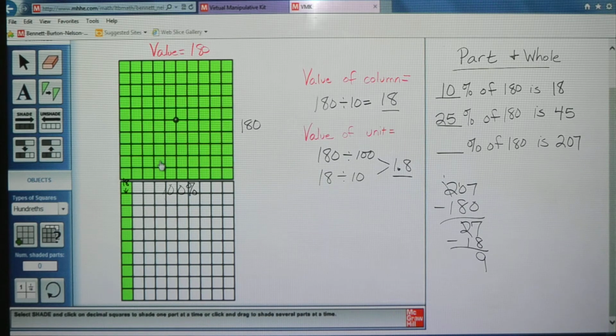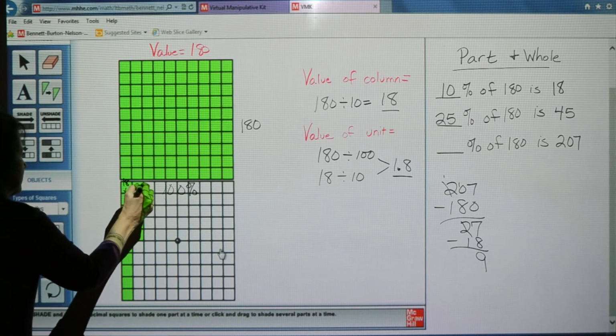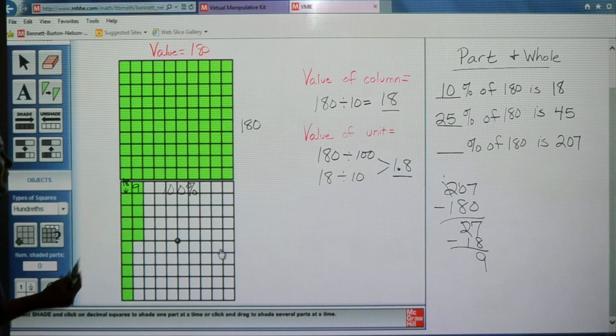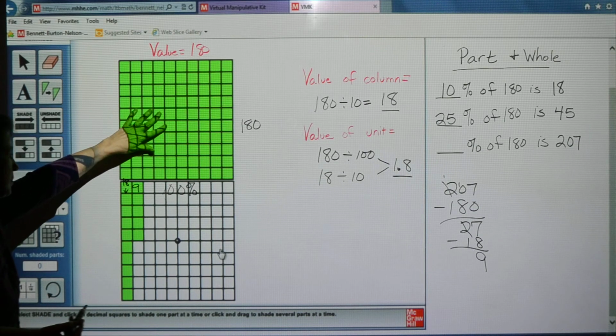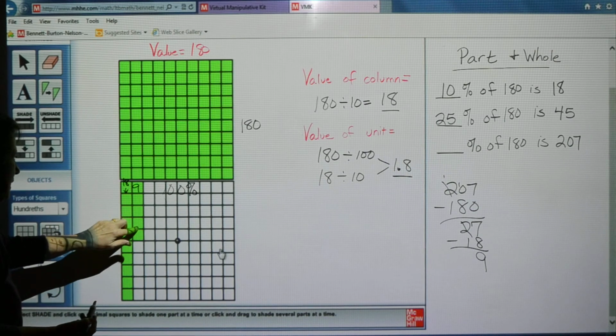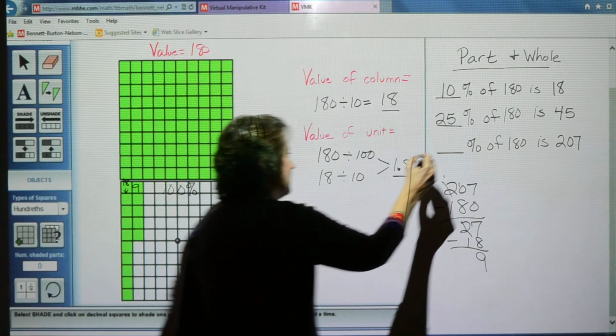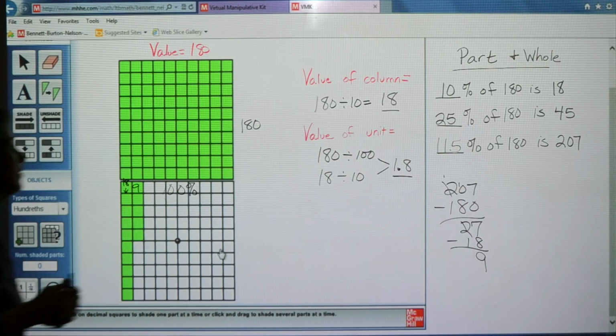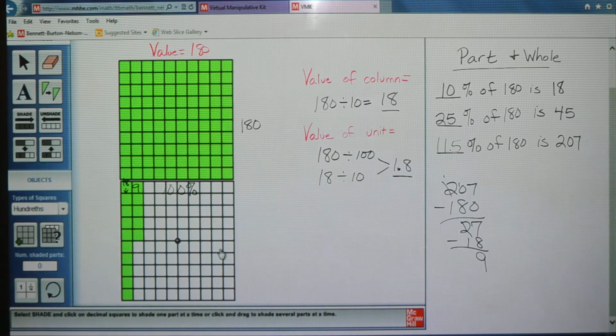Since 9 is half of 18, it's going to be half of a column. Color 5, which is worth 9. If I add it all up, 180 plus 18 plus 9 gives me 207. So what's my answer? I've got the whole 100% plus a strip plus 5. So my answer is 115% of 180 is 207.